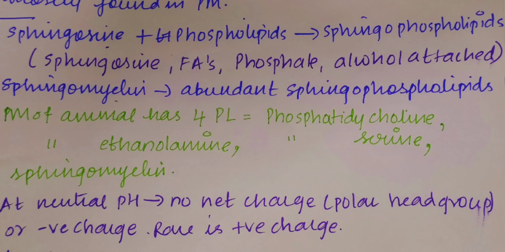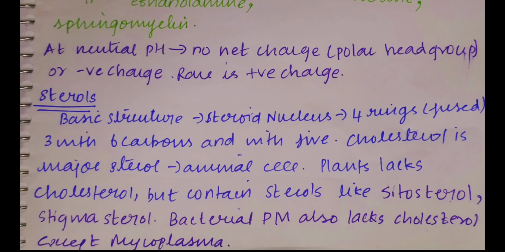Now, at neutral pH, the polar head has no net charge, or sometimes they might have a negative charge, but none has a positive one. Now, talking about the sterols, the basic structure of a sterol is a steroid nucleus. It consists of four fused rings, three with 6 carbons and 1 with 5 carbons. Now, it is planar and has a rigid structure.